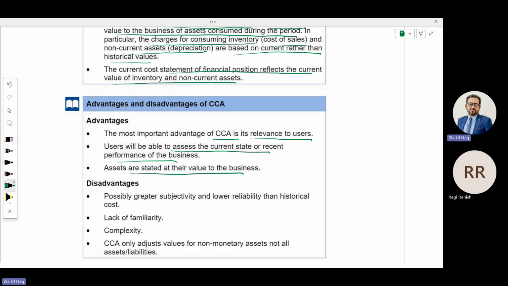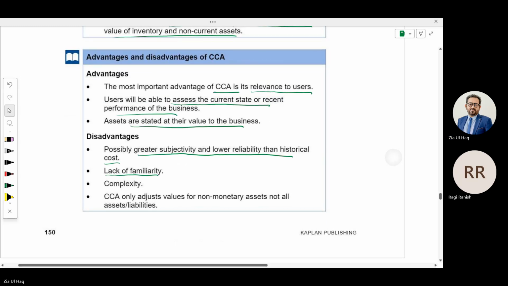But there are disadvantages: greater subjectivity and lower reliability than historical cost, because the values you need to find from the market. Lack of familiarity: the current model in the market might not be familiar compared with the model the business bought several years ago, especially in the motor vehicle industry.